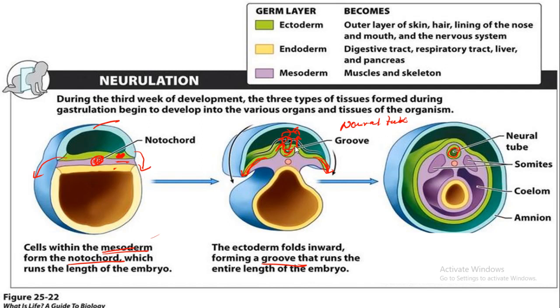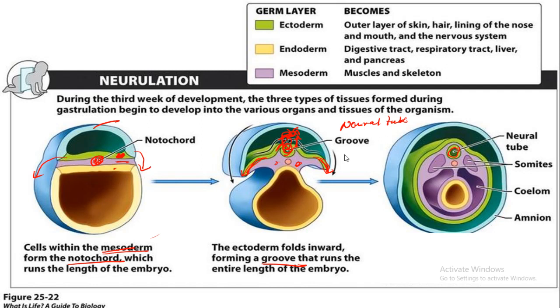Remember, the neural folds will start moving up, expanding, and then going midline, they will meet. When they meet, they will leave a hole there. This hole is known as the neural tube. Okay?